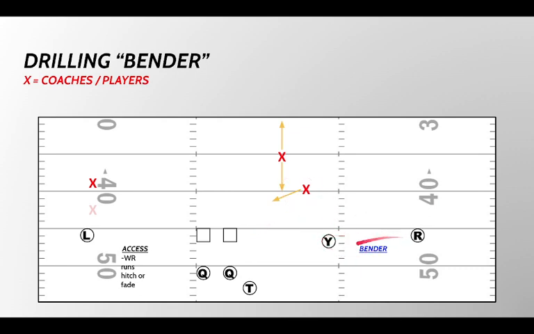To the twins is your bender concept, where you're running the bend or the slant, and you run your 5 and in. Okay, so that's the post snap look. So again, you're going to have this outside linebacker D-gap player filling, or you're going to have this safety filling, and you're going to go through all these scenarios, specifically with your slot receiver running the bend concept.